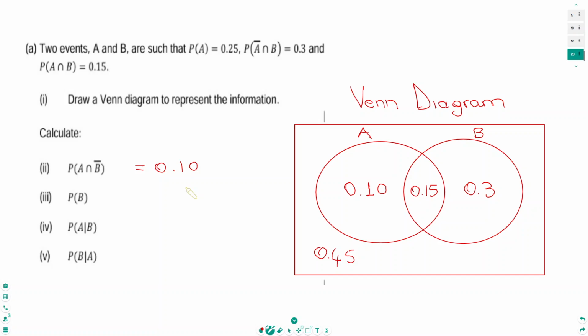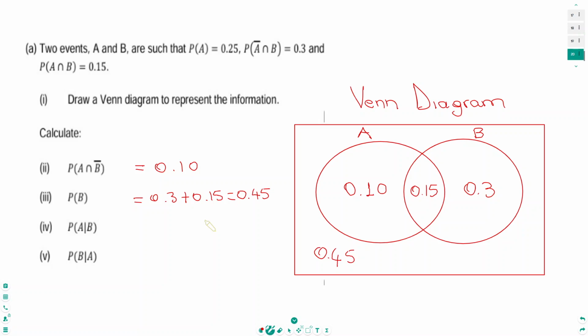The probability of the event B is the sum of 0.3 plus 0.15. So this gives us 0.45.